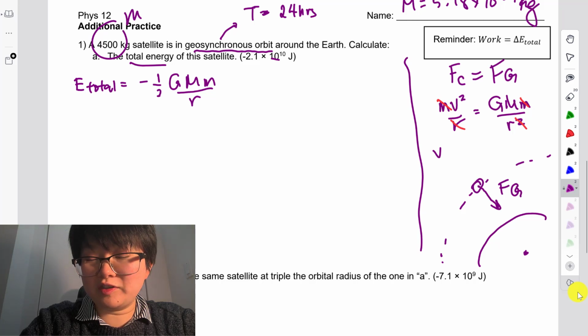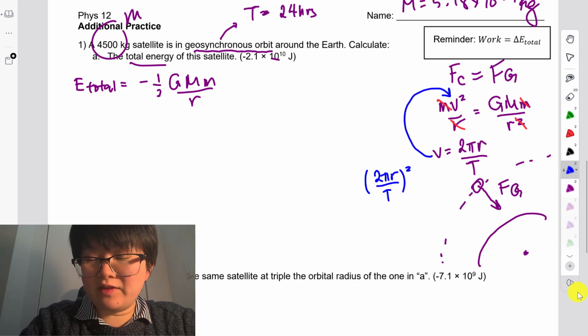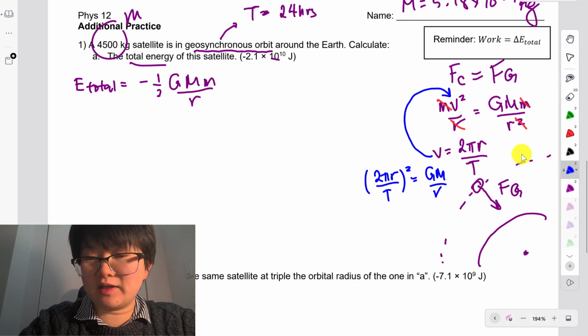V, or orbital speed, is also 2 pi r, orbital radius, over orbital period T. After we put this v in there, we have 2 pi r over period, all squared, equal to big G, big M over R. All those things over here canceled.